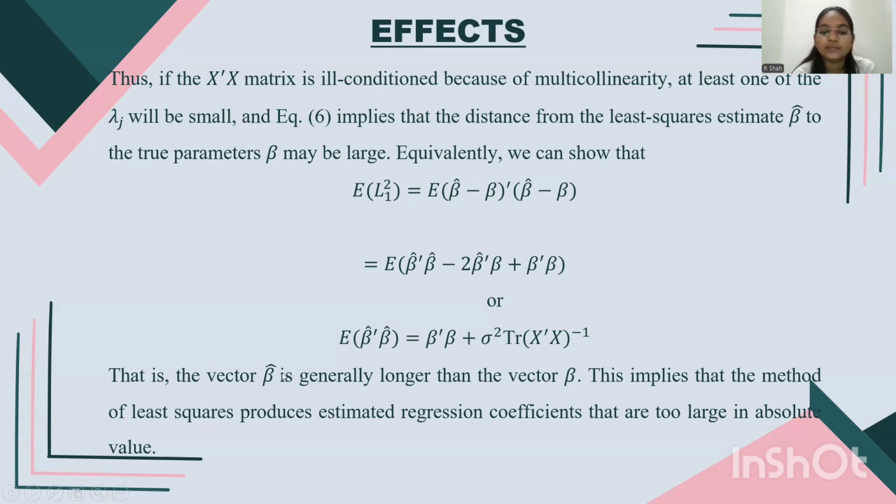That is, the vector beta cap is generally longer than the vector beta. This implies that the method of least squares produces estimated regression coefficients that are too large in absolute value.